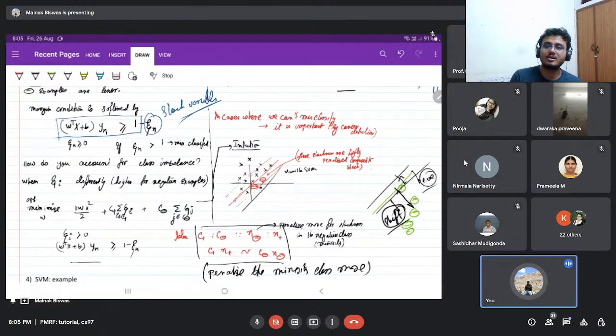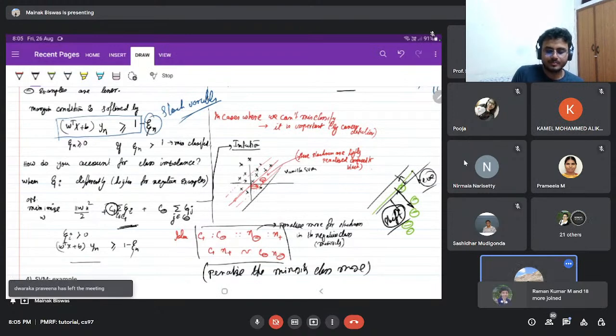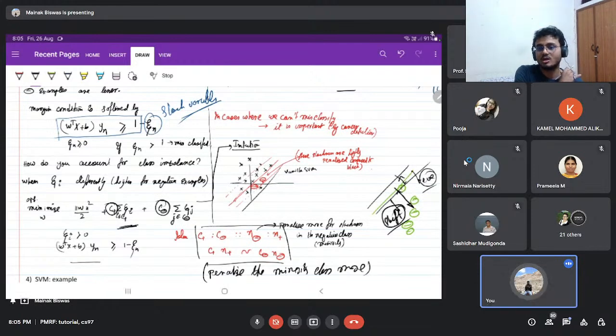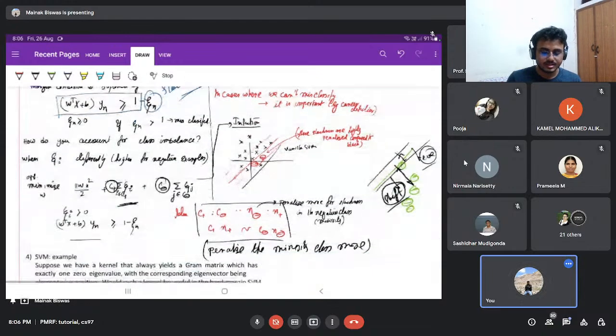If you have a lower number of samples in a particular class, you penalize it more. So that's what I have done. So C says C positive for all the slack variables in the positive class, and C negative for all the slack variables in the negative class. These are the two things that you want to do. Otherwise, everything is the same. So this is just the intuition. People may ask most of the time, how will you account for an imbalance of classes?